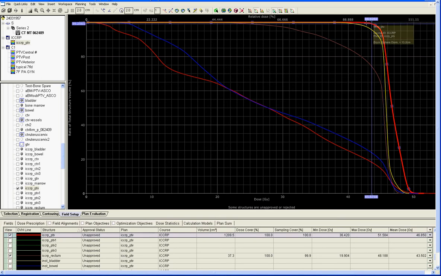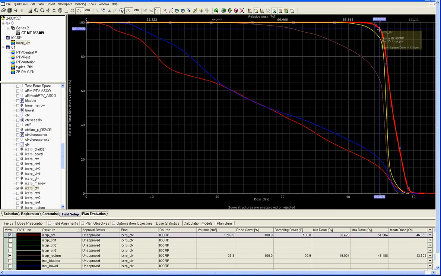Conversely, 99% of the PTV has to receive at least 90% of the prescription dose. It's receiving at least 96%, so that's fine. 97% of the target should receive at least 97% of the dose, which is true here.